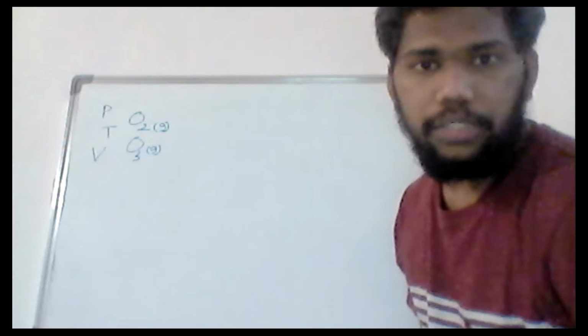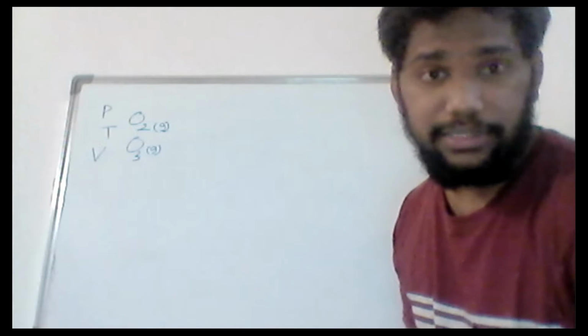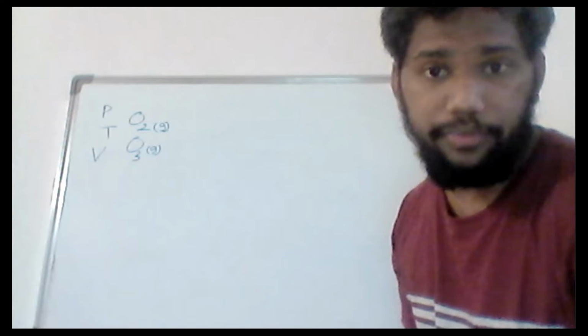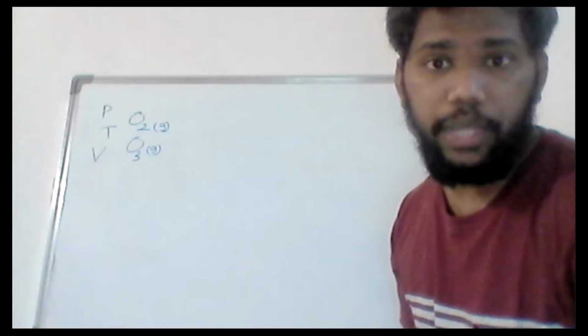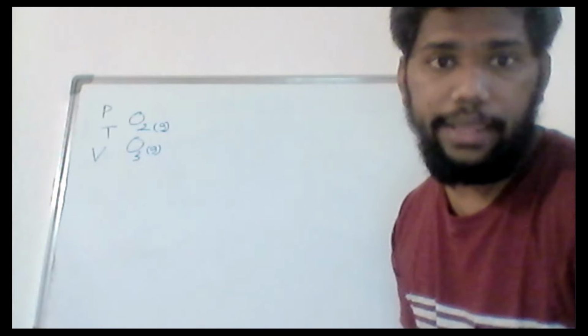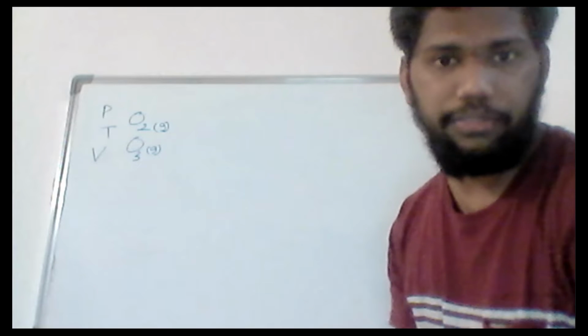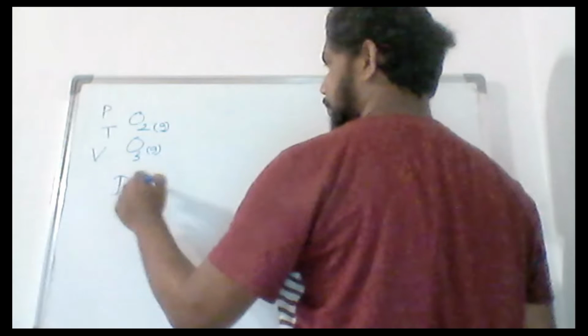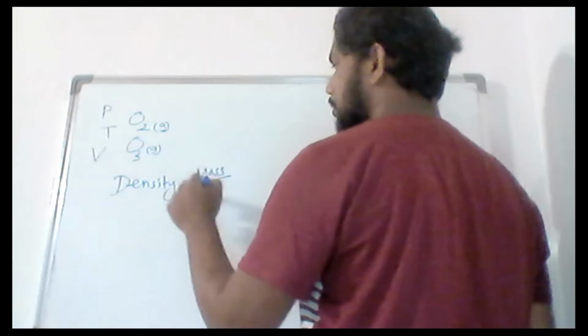They have asked to express the density in terms of N1, N2, M1, M2, and V, where the definitions are given. N1 is the number of moles, M is the molar mass of it. So the general equation for density is mass over volume, right?